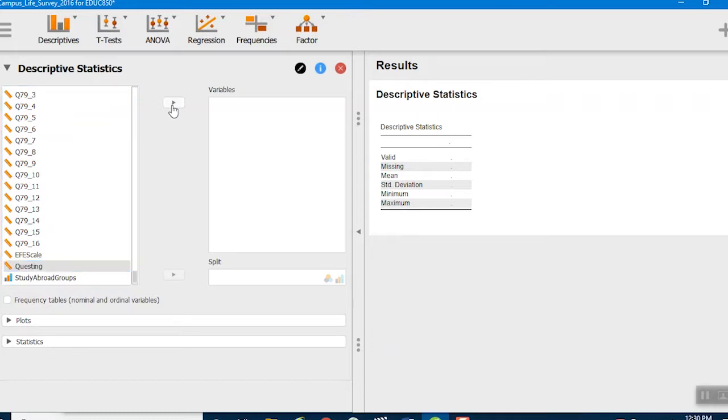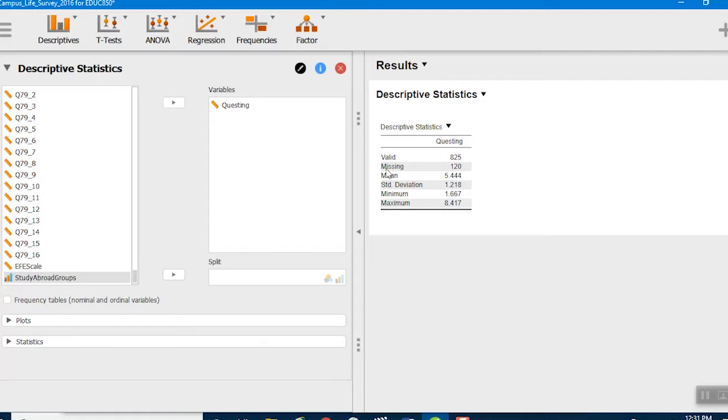The higher the score here, the more students are interested in asking questions about their faith, or whether or not they even have a faith, or are open to new ideas, that type of thing. So a higher score means more of that. You'll see here we've got our overall descriptive statistics. And remember, this is a pretty large data pool.